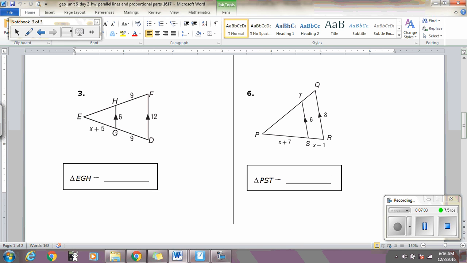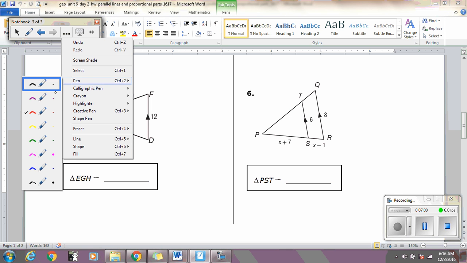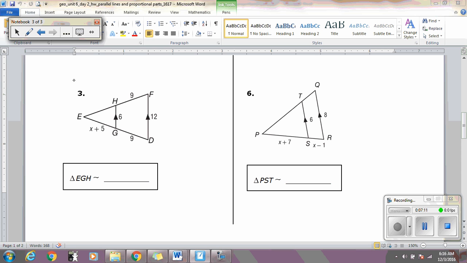Number 3. Number 3 is a different setup than the last one. And since I don't have the 4 proportional parts on the outsides of the 2 sides that are divided, being EF and ED, I don't have all 4 parts on those 2 sides.